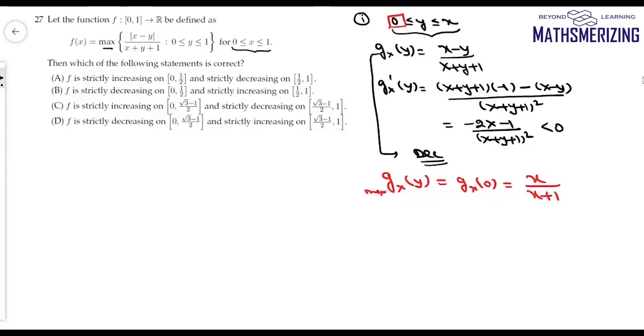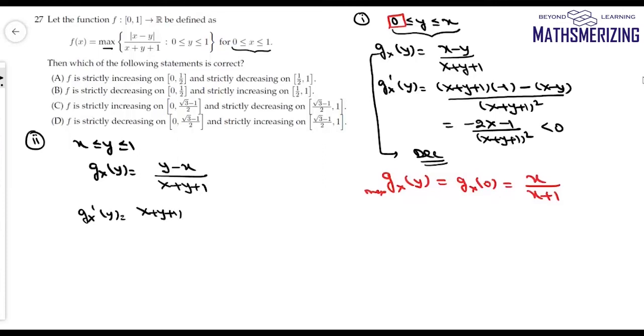So if I put y as 0, I'll get this function as x upon x plus 1. Now I'll take the second case, when x is less than y and this is less than or equal to 1. Now in that case, this function of y is given as, since y is greater than x, y minus x upon x plus y plus 1. Now if I differentiate, I'll get (x plus y plus 1) minus (y minus x) upon x plus y plus 1 whole square.